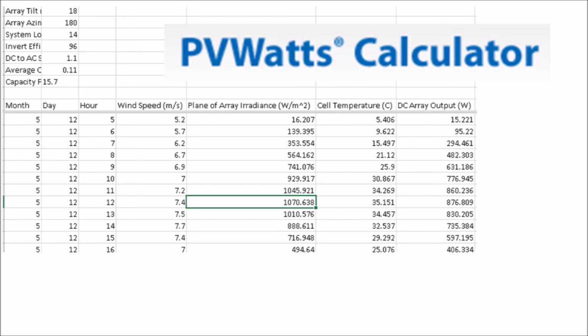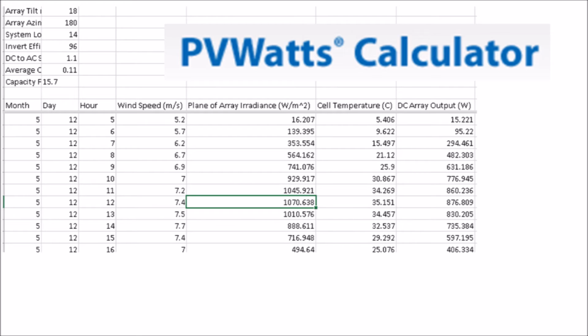PV Watts takes into account array tilt and orientation, and for this 18-degree tilt south-facing array, the array irradiance is listed on the spec sheet as the lab condition of 1,000 watts per meter squared. And that's equivalent to the high temperature on a cold spring day.